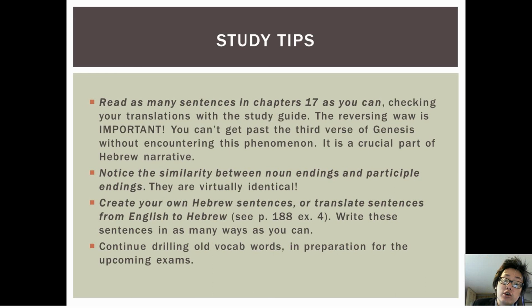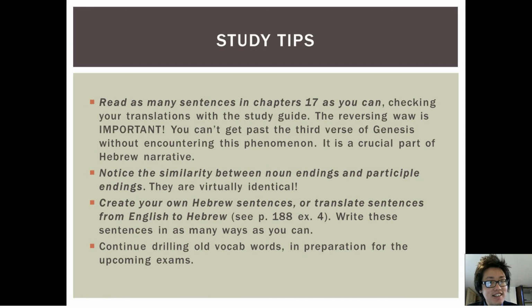Thirdly, create your own Hebrew sentences or translate sentences from English to Hebrew. We are now at the point that you know how to say some things in multiple different ways. So what I encourage you to do, and I'm thinking in particular of the reversing vav, is look maybe at page 188, exercise 4, which gives you a number of Hebrew or English sentences.